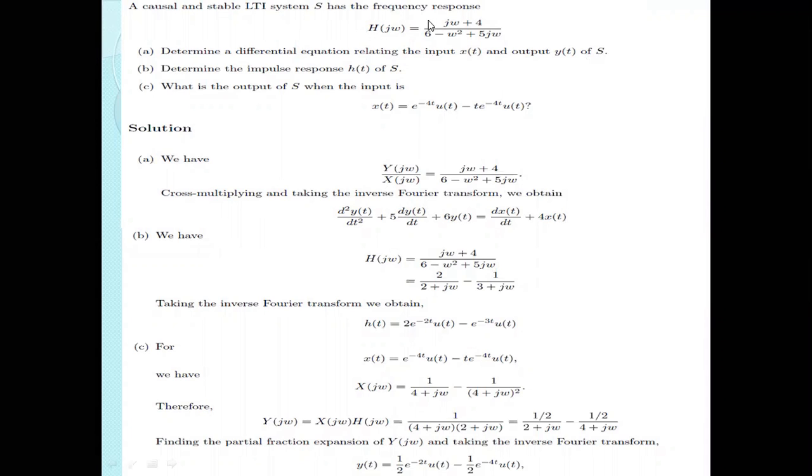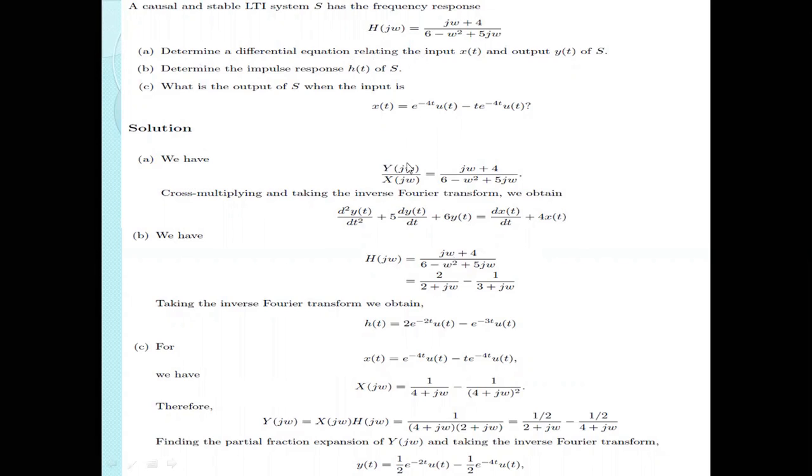Okay, H of omega is given. H of omega means Y of omega by X of omega. Multiply this function. H of omega is given this, and write the factors of the denominator, 2 plus j omega and 3 plus j omega here, and h of t we will get. Determine the differential equation.